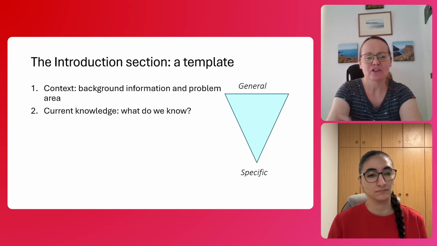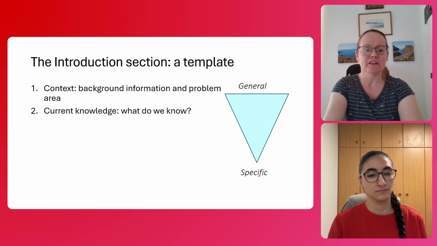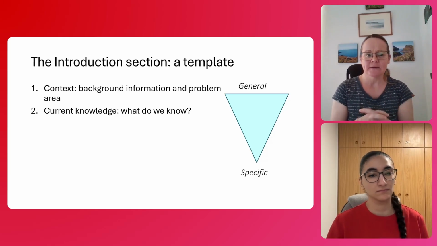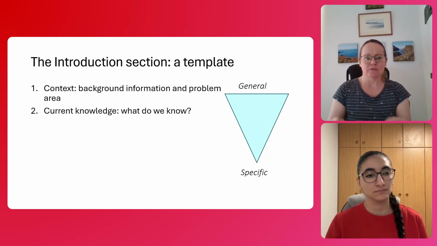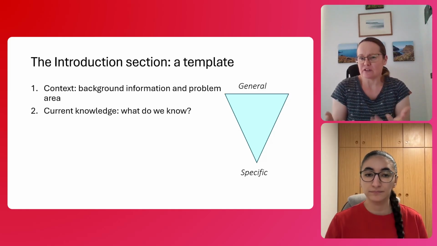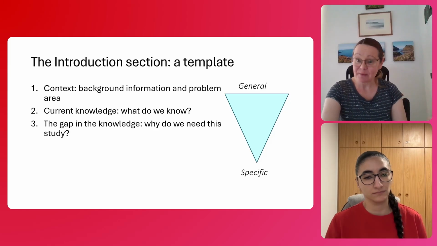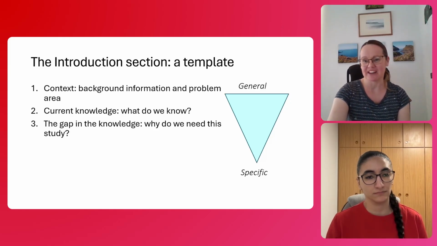Then we talk about the current knowledge. This is where we tell the reader what we know. So, what advances have we already made? What do we already know about the field? What is the status at the moment? And that sets us up really nicely for highlighting the gap in the knowledge that we want to address.